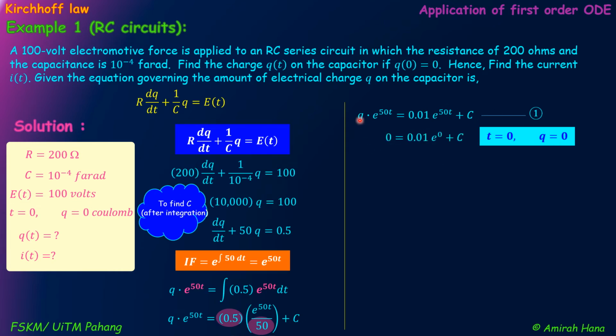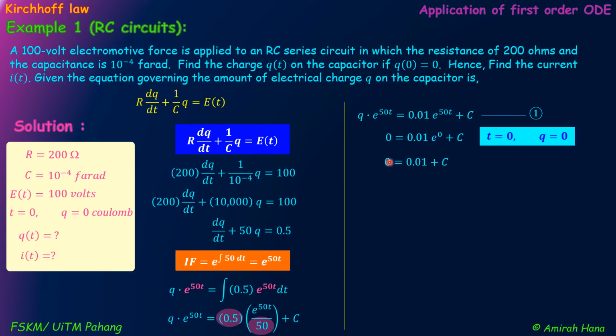So we got q equals 0, since 0 times any value still equals 0, and then equals 0.01 e to the power of 0 after we substitute t equals 0 here, and then plus c.